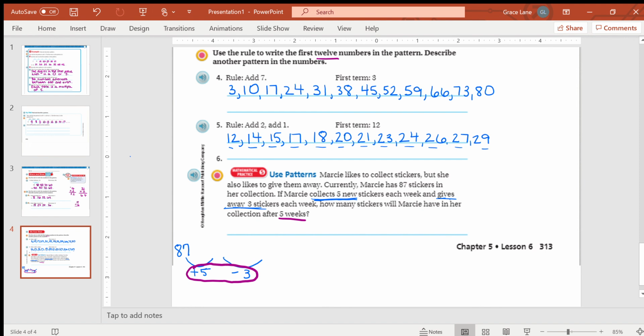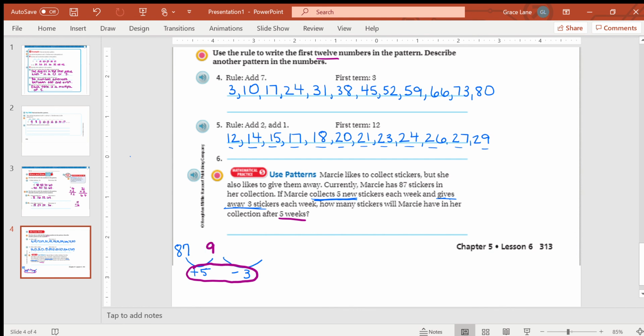If you can also see that if this girl gets 5 stickers a week, but she takes 3 away each week, how many stickers is she really getting each week? She's really only getting 2 stickers each week. So if you can think of the rule as adding 2, I think you will get the same answer as well.